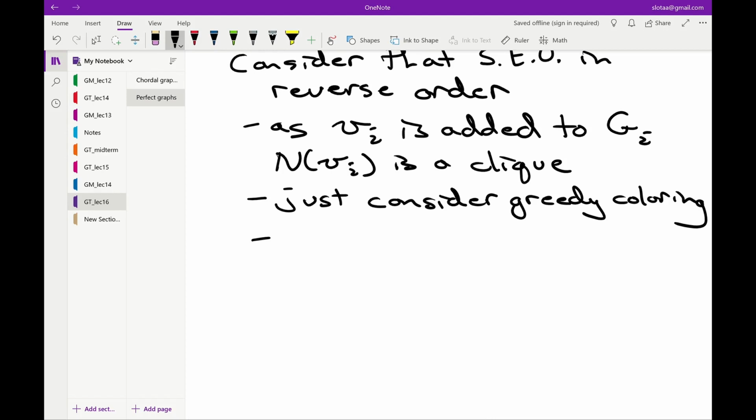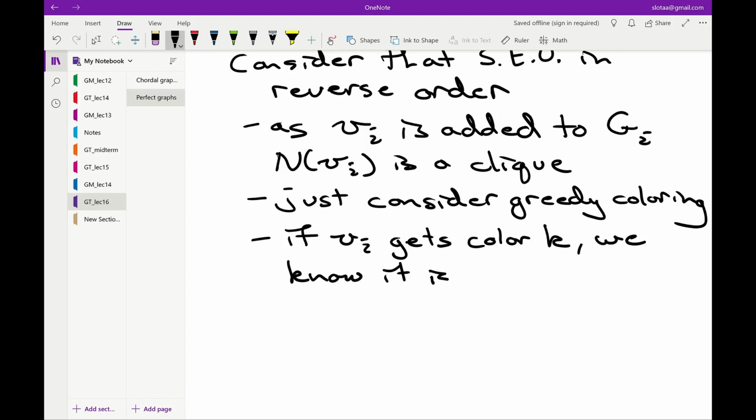I think we can all see where this is going. If that v_i gets color k, essentially we know it is in a clique of size k. So its neighborhood is a clique of size k minus 1, and by adding v_i, attaching it to all of its neighbors, we construct a clique of size k, and we can color our vertex v_i with color k.